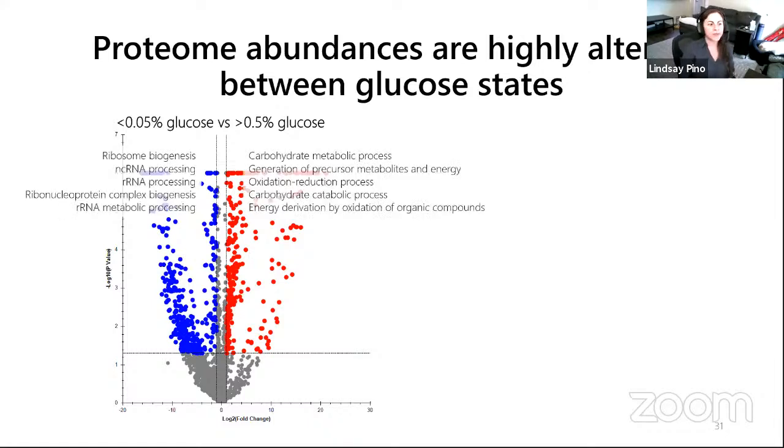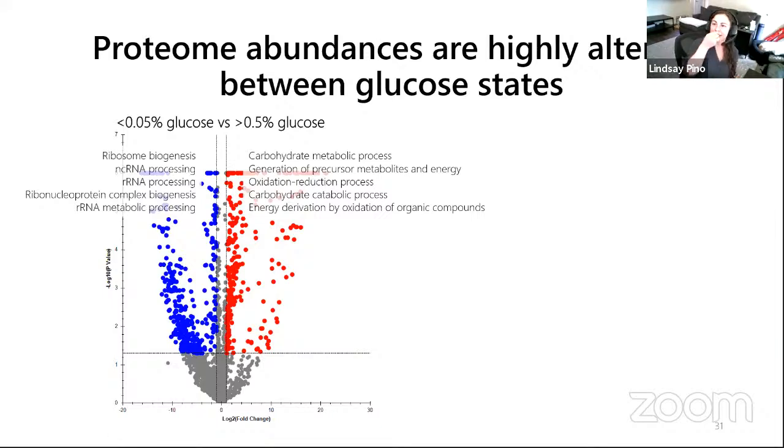When I look at some of these functional groups that are being enriched or depleted between the glucose conditions, it kind of makes sense. Under limited glucose, things like ribosome biogenesis are being downregulated. Under low glucose, things like carbohydrate metabolism are being up-regulated, with increased abundance.